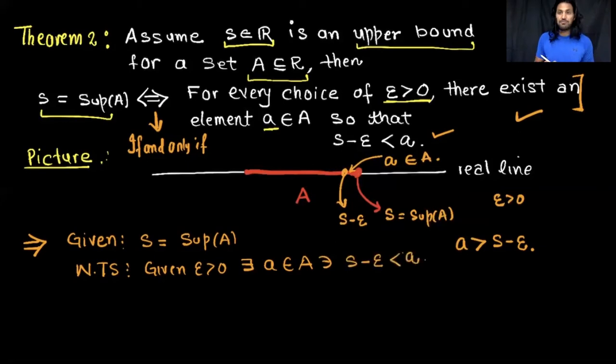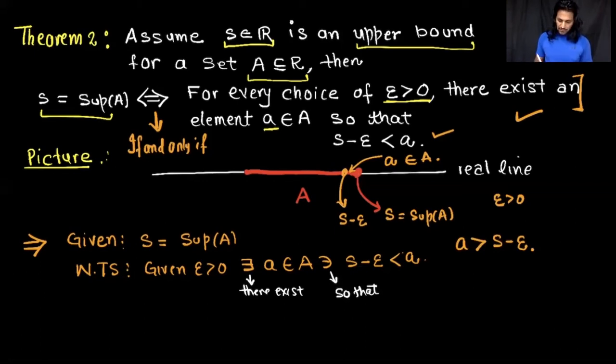I wrote a lot of mathematical symbols, so let me give you the names of the symbols. This means there exists, and this symbol means so that, which is a reverse E.